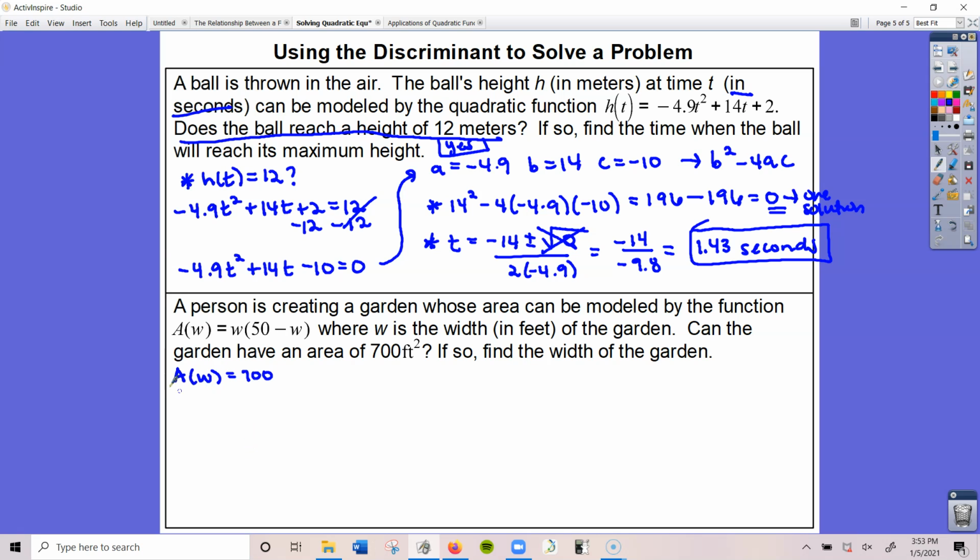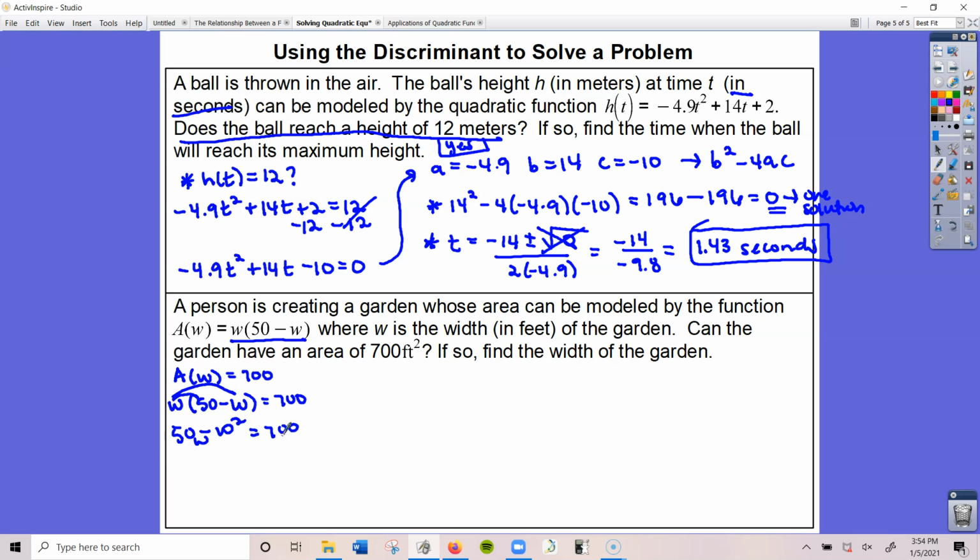So I'm going to substitute my A of w with my equation, which is w times 50 minus w equals 700. Now this is not exactly a quadratic equation. However, if I multiply this by w, I get 50w minus w squared equals 700.